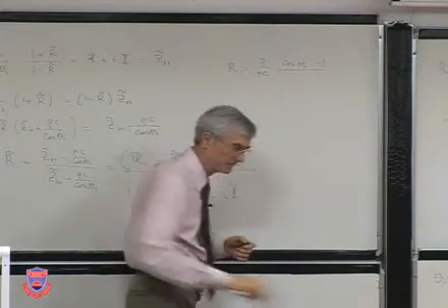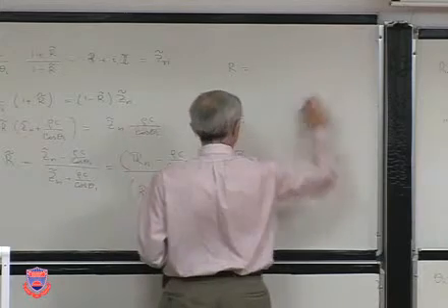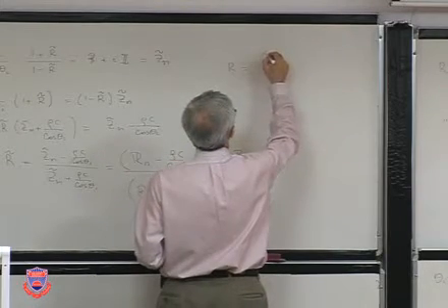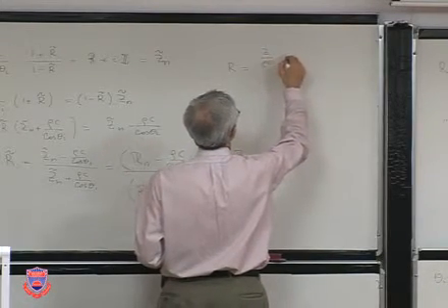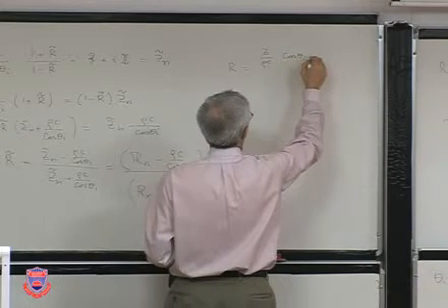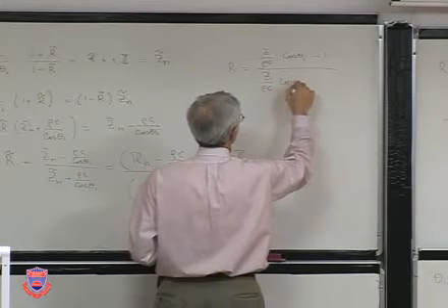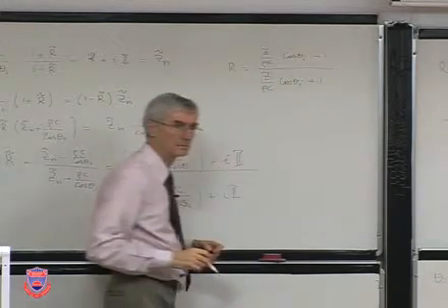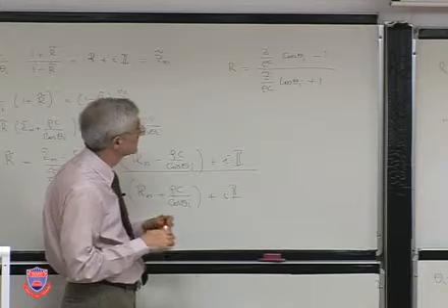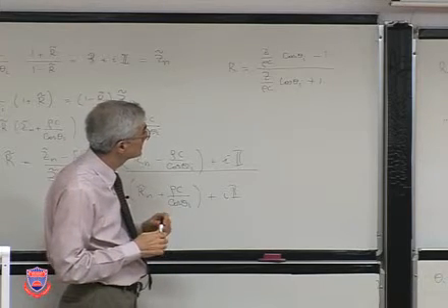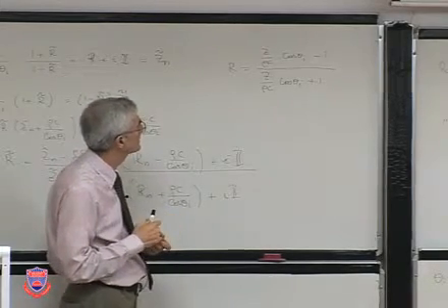Cosine theta. And if I say that this is equal to 0, I will get the incidence angle equal to 73 degrees.